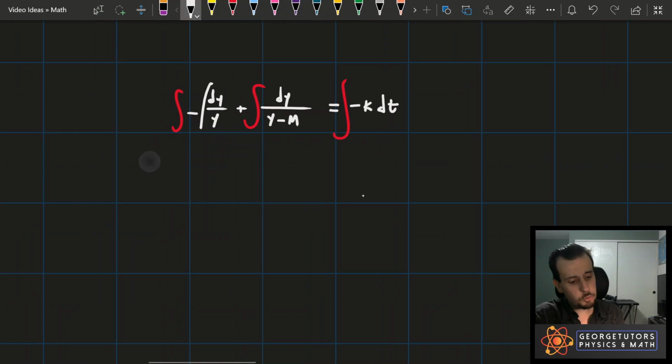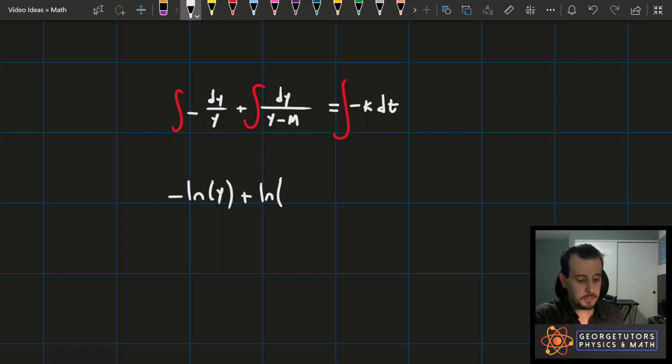Now, for this one over here, we can clearly see that this is the, again, derivative of a logarithm over here. So we write it as such. And then over here, this guy is also the derivative of another logarithm. Basically, the same idea carried forward. You can see if you differentiate this, for example, you just get 1 over y minus m, which is exactly what you have under the integral sign, which is nice.